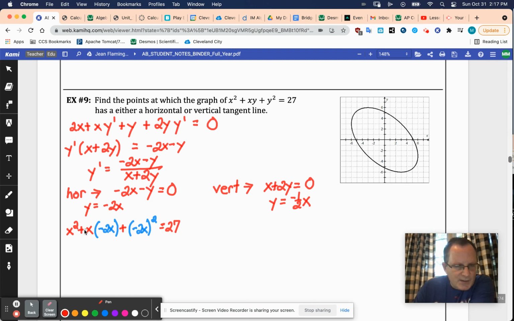Let's keep going. So this is going to be x squared minus 2x squared plus 4x squared, which is equal to 27.